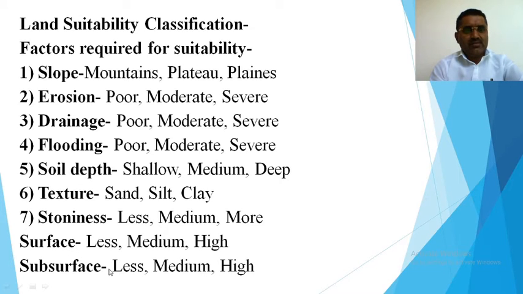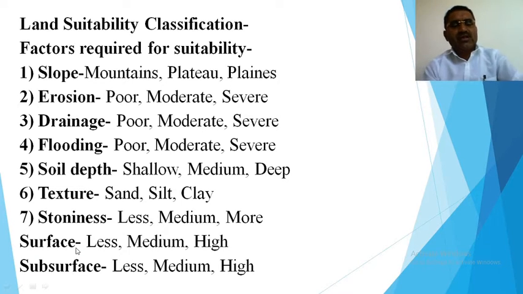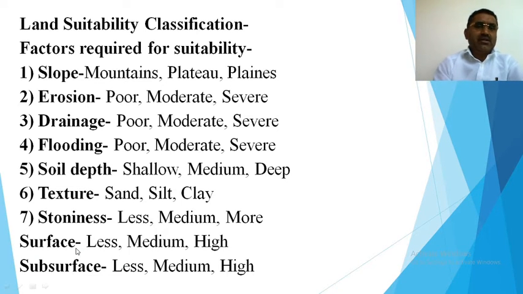Again, surface and subsurface: less, medium, high. In the same way, these points also affect the suitability classification, and considering all these points, we can do the land suitability classification of any field or any soil.